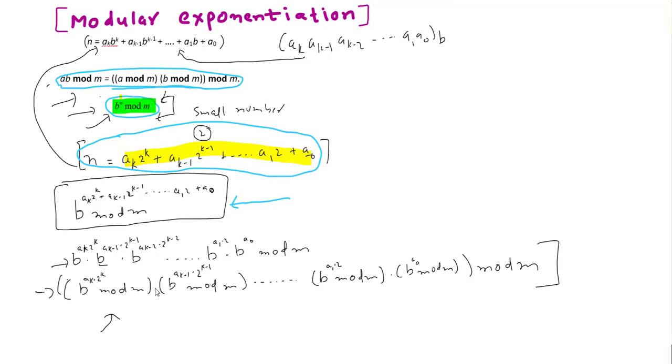Now, it will be more clear with an example. Let's take an example of 3 raised to the power 644 mod 645. And we have to calculate its value, which should be equal to 36.